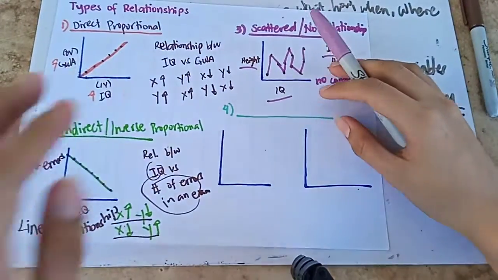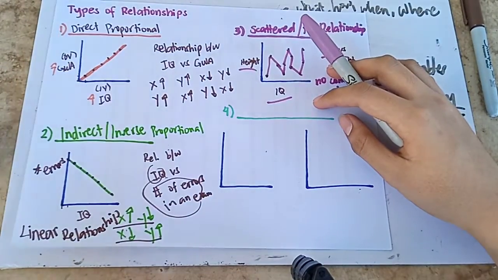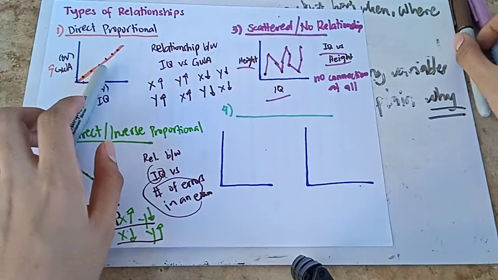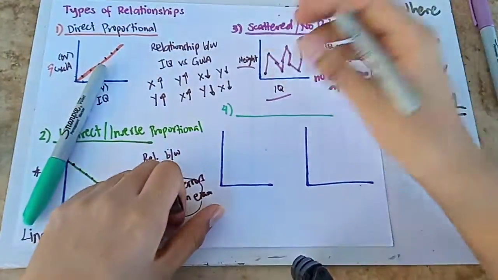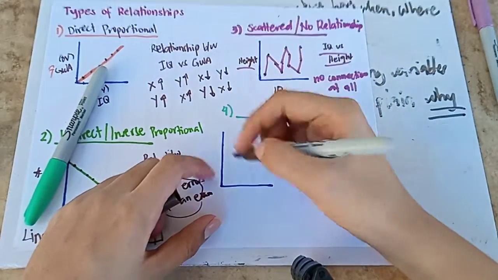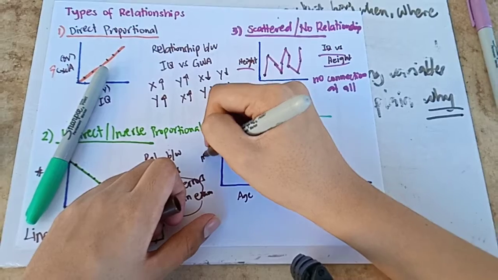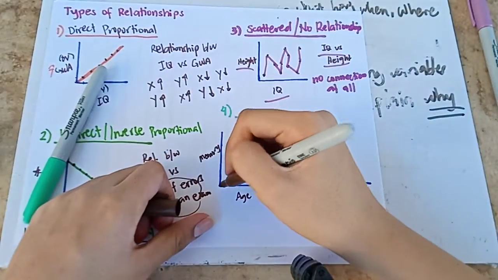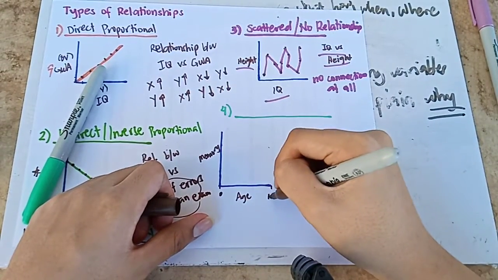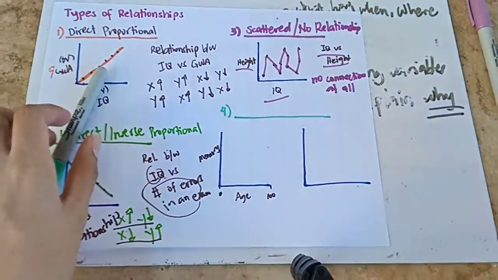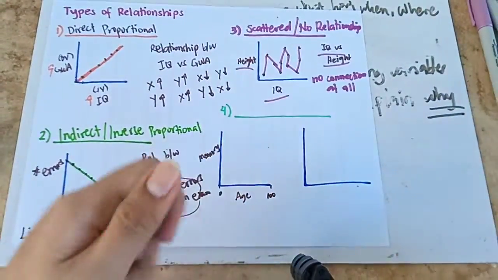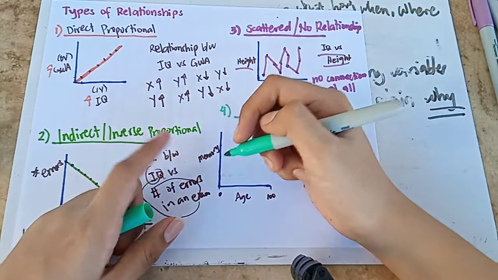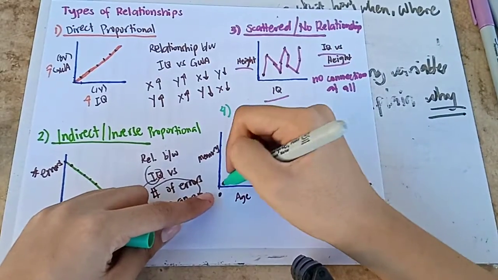For the fourth type of relationship, let us have this example. Let's suppose that we have the relationship between the age and the memory of the person. Let's say this one is at the age of 0 and at the age of 100. When you are at age 0, or just 1 month old, 2 months old, just a baby, your memory is very low.